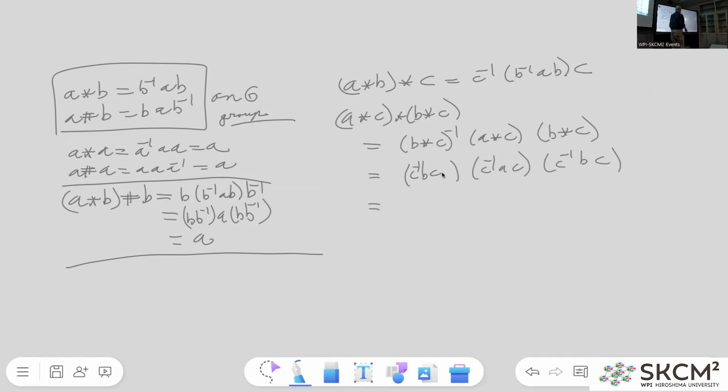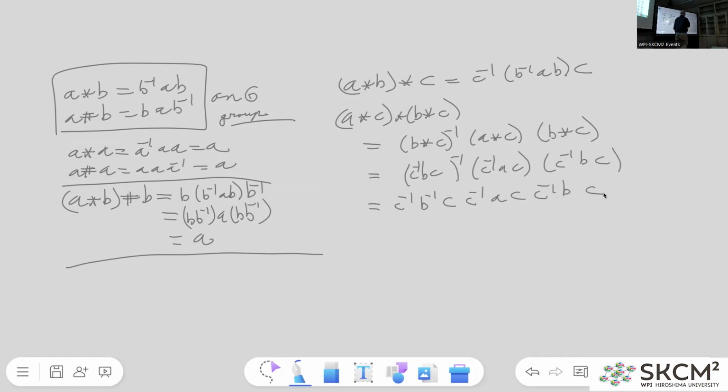Right? C inverse BC, the inverse AC, C inverse BC. This inverse that, right? So now inverse. So that's C inverse B inverse C, C inverse A, C inverse B, C.